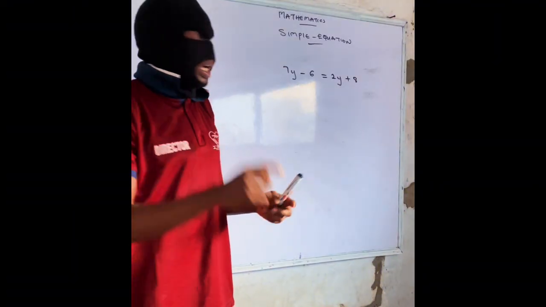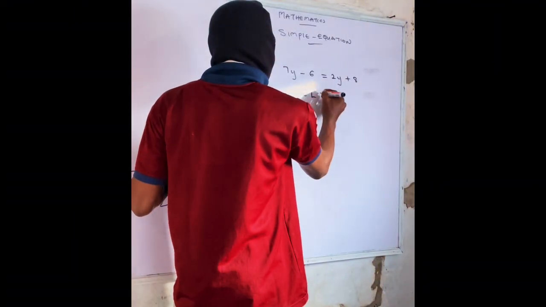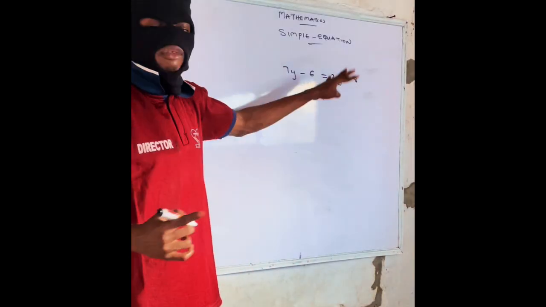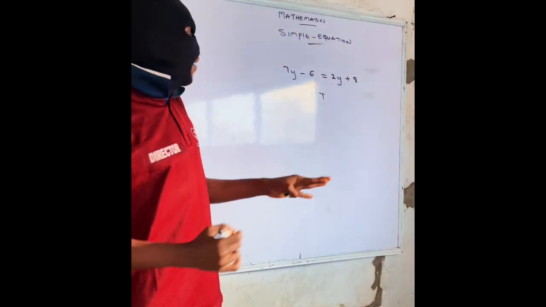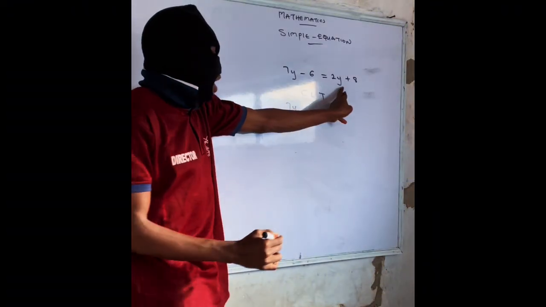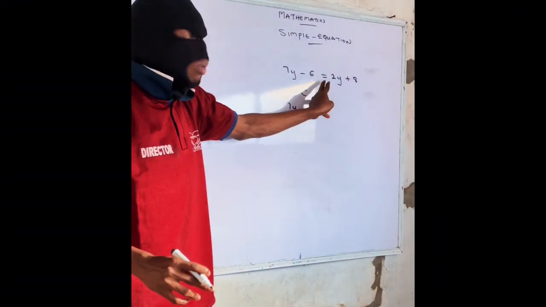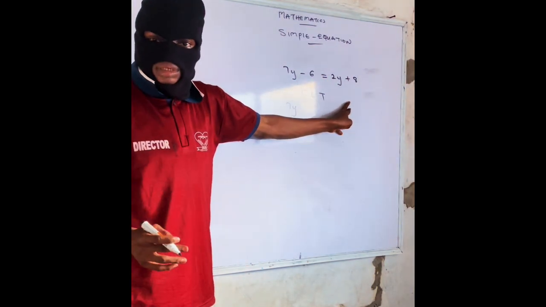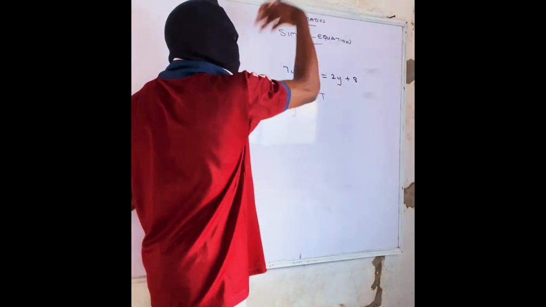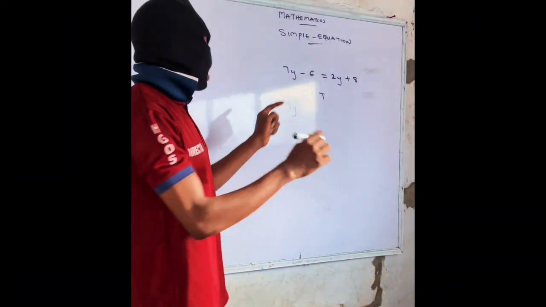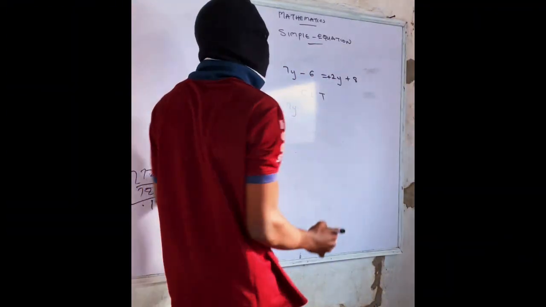Very simple. So what you are doing is collecting like terms. CLT, you are collecting like terms. This is short form of collecting like terms. Now, this is 7y. Remember that this 2y is in another place because the equal sign has separated them. Now, 2y, you want to make sure that it goes to the left with 7y. Now, there is an invisible plus here. Don't forget that invisible plus.